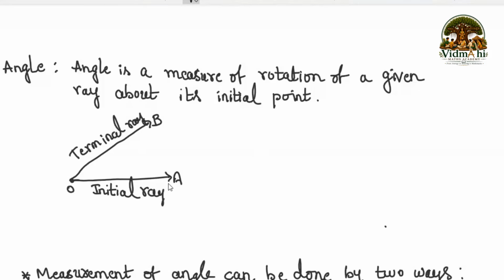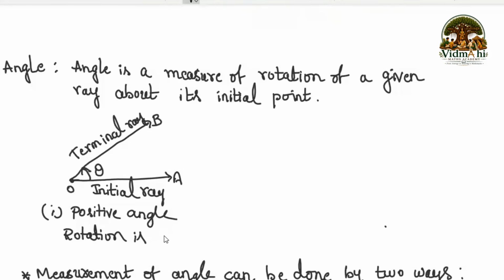OA is the given ray, rotating about its initial point. Suppose the ray rotates from OA to OB in anti-clockwise direction. So we get the angle here, that is a positive angle. Here the rotation is anti-clockwise.